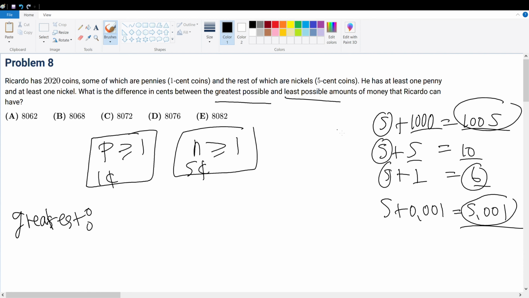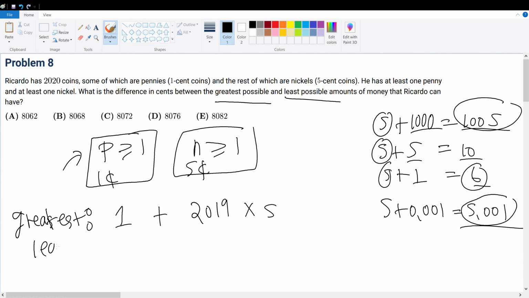That way I follow this pattern. The number of pennies can never be 0, so we must have at least 1 penny. But we don't want any more because we satisfied this criteria. I need all other coins to be nickels. Since I used 1 penny up, I have 2019 coins left, and all those coins are worth 5 cents. So that's the greatest value that I can have.